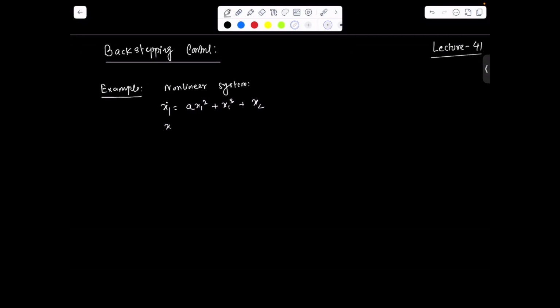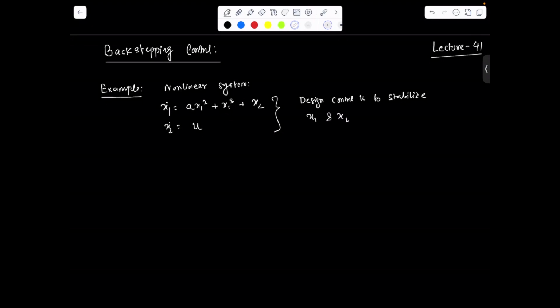And we have the x2 dynamics, x2 dot equal to u. So this is quite a highly nonlinear system. And here, design control u to stabilize x1 and x2.